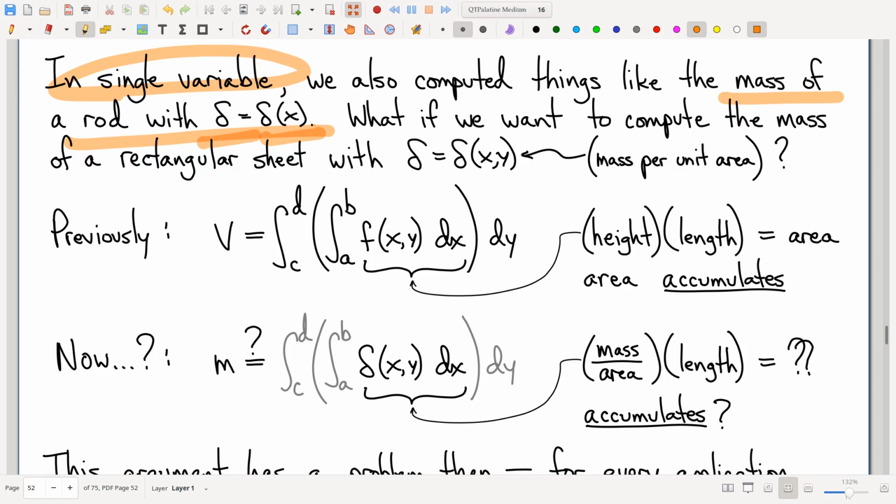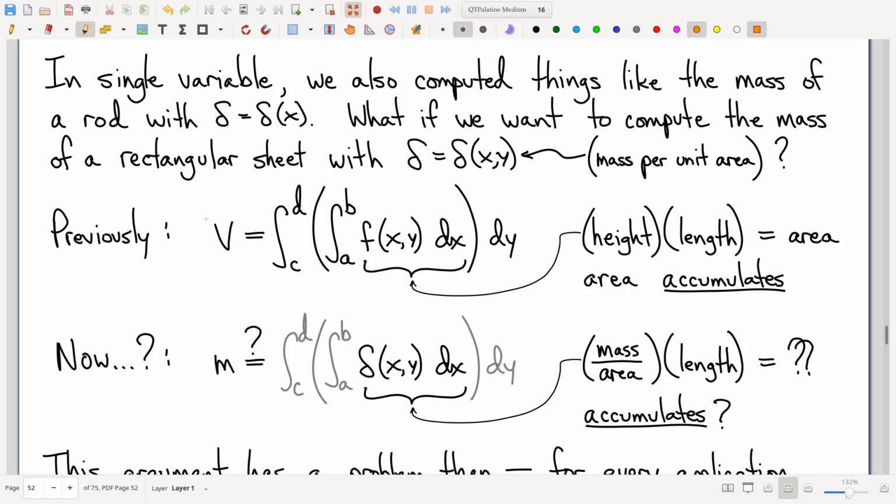And awesomely, the same construction works, right? The exact same construction that we use to compute the area under a curve will compute the mass of a rod, and it'll compute the number of bacteria in your petri dish, and it'll compute a bazillion examples, all with the exact same construction. So we speculate maybe the same good news happens here.